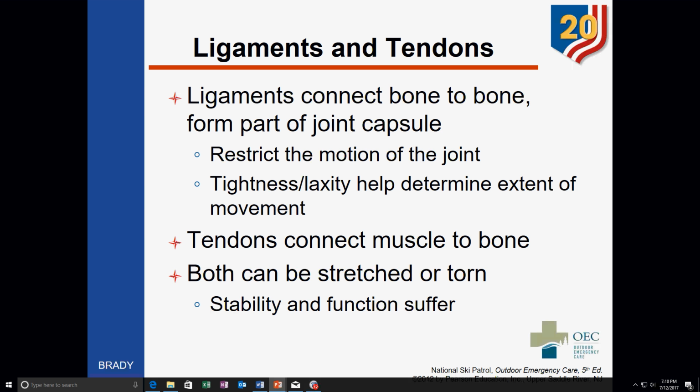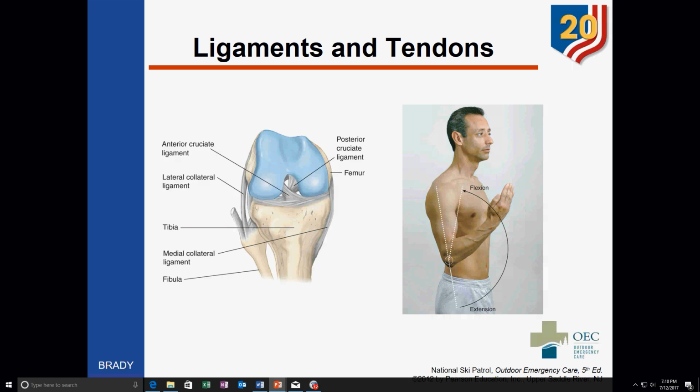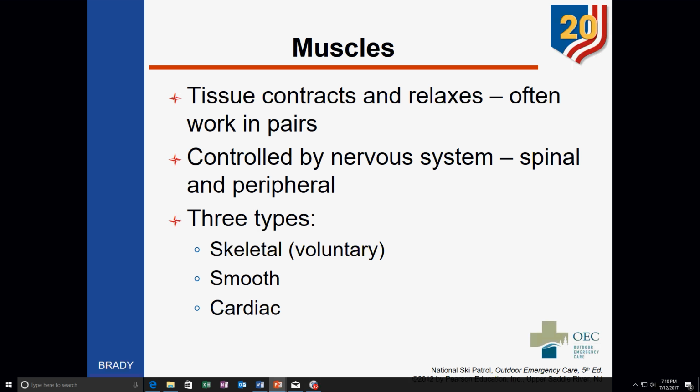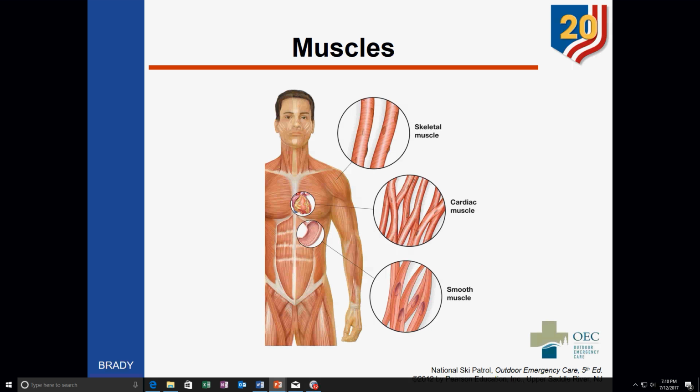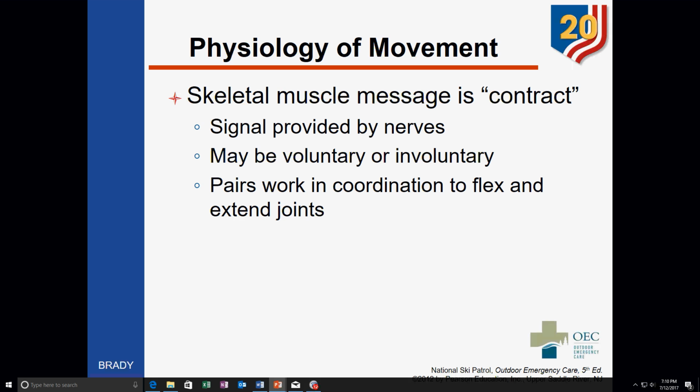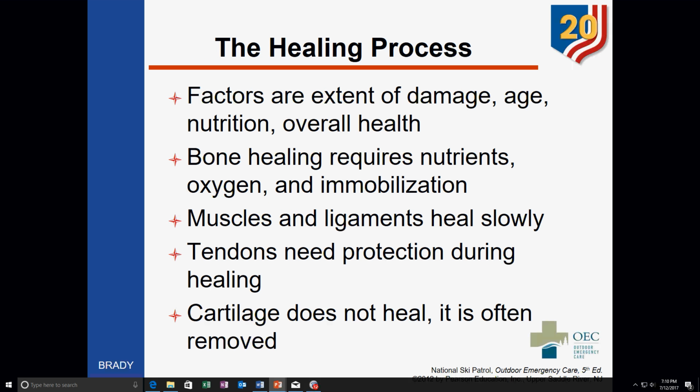You can't see that, but that's what happens under the skin around the bones and the muscles. Different types of muscles. Some of the questions on your 80-question test talk about the different types. Again, you need to look at this rather than me just read it to you.